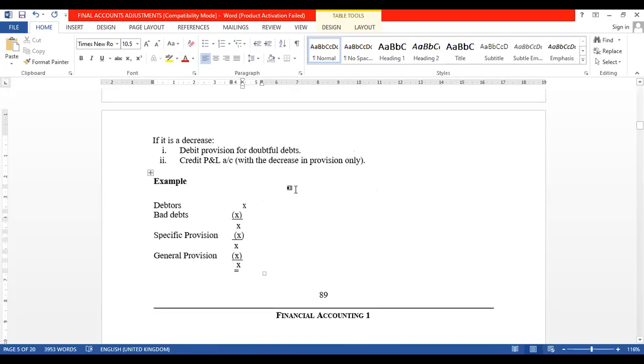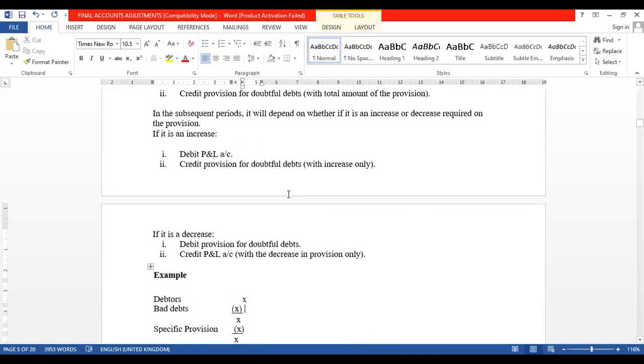When it comes to doubtful debts, you are supposed to calculate and know whether the doubtful debts that we provide for this year are more or less than the doubtful debts that were there last year. You calculate and see whether they are more or less than the ones that were there last year.